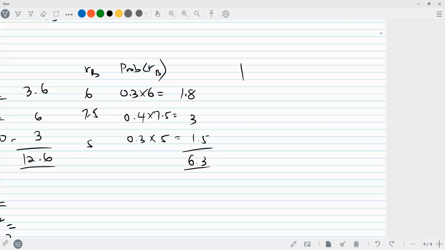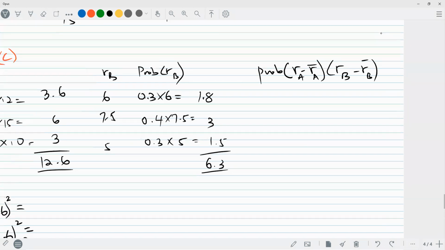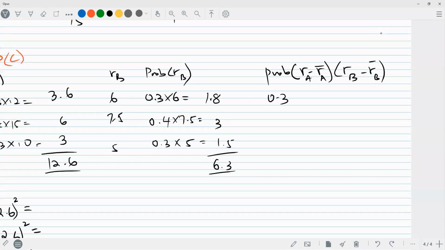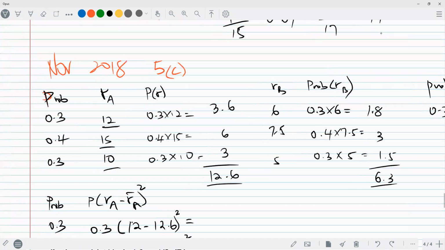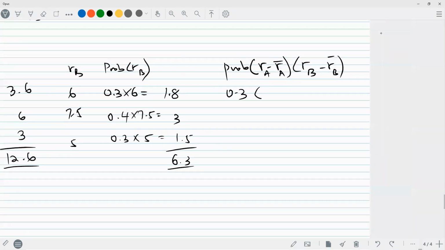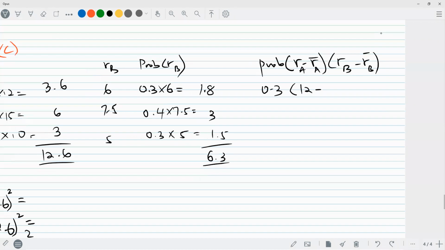With the probability, the return of A minus the mean return for A, times return of B minus the mean return for B. Probability is 0.3. The return of A is 12, so 12 minus the mean, 12.6.